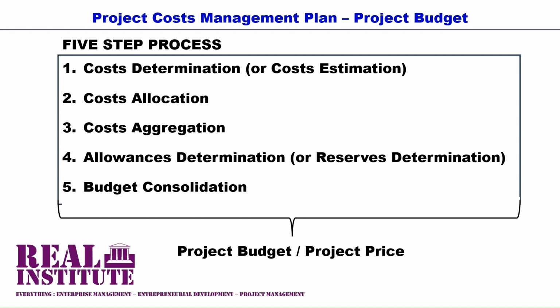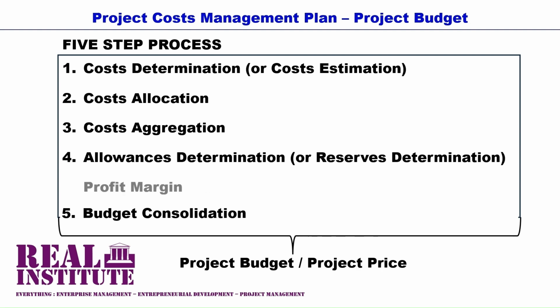In cases where a project is undertaken for profit, the profit margin is determined from the project aggregate and the project reserves consolidation, or is slotted into the process after the project aggregate and the project reserves, so as to then arrive at the final project budget or into a final project price.